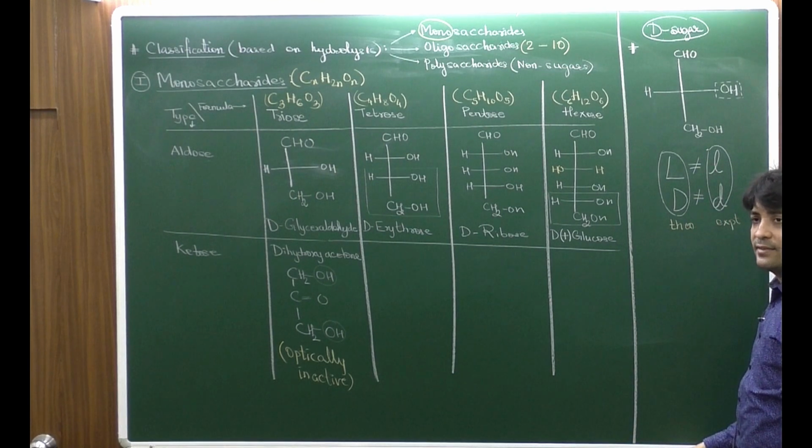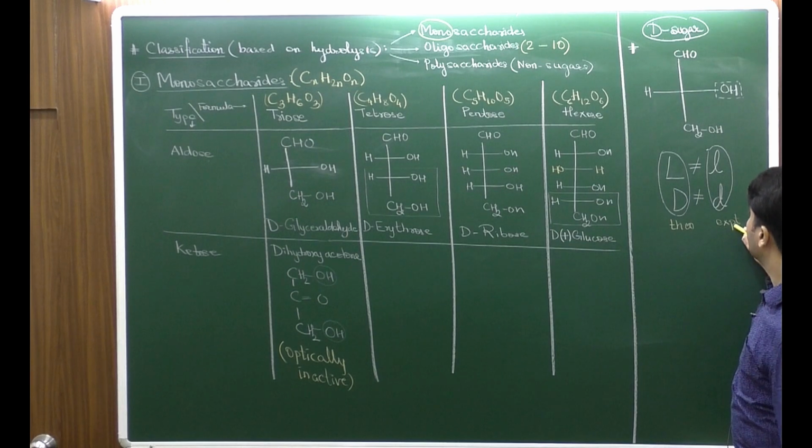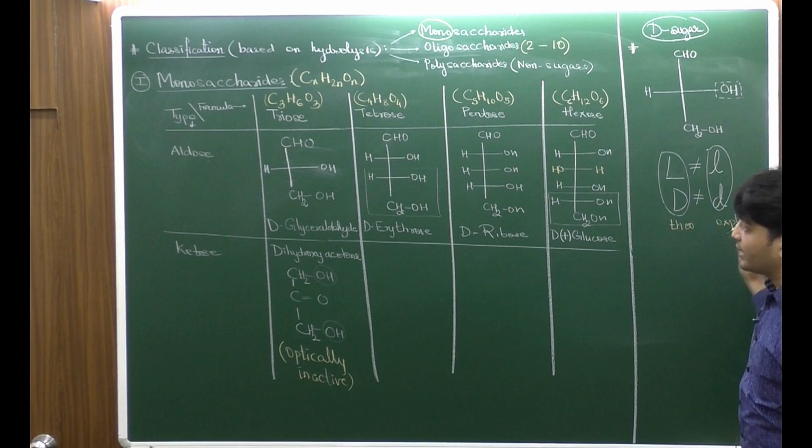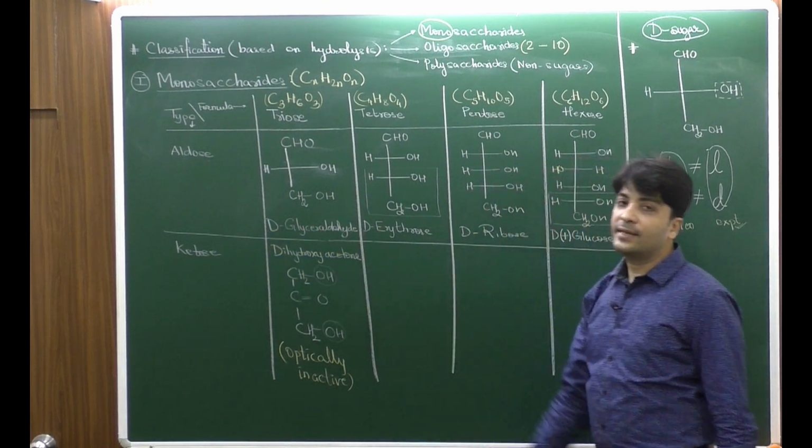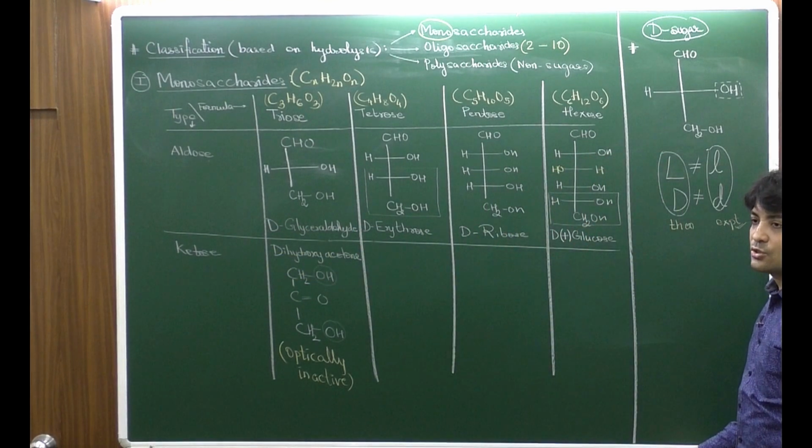Polarimeter is a device which gives you the rotation of the PPL. If it is plus, it will be dextro. If it is minus, it is levo. So this is something which is experimentally determined. So I can determine all the structures whether it is capital D or capital L, but I can't determine whether it is small d or small l. Okay? Understood?